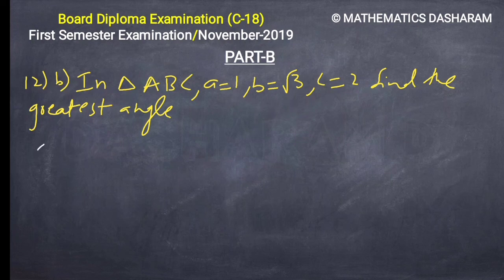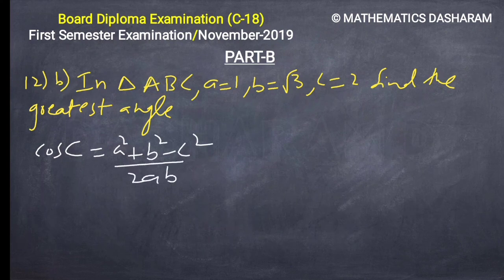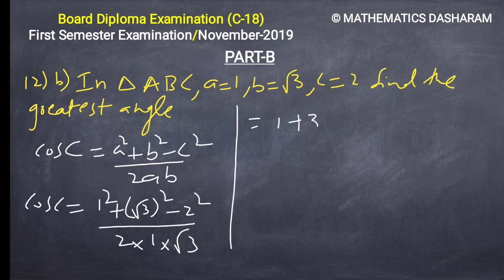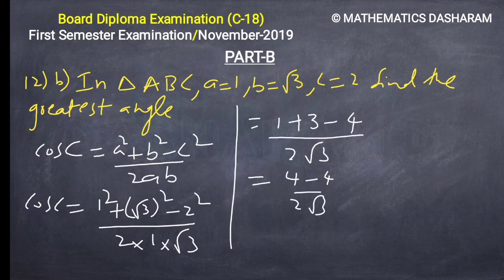So then we have to use the cos C formula, since angle C is going to be the greatest angle. The cos C formula is a square plus b square minus c square divided by 2ab. Cos C equals a square, that is 1 square, b square, root 3 square, c square, 2 square, divided by 2 into 1 into root 3. 1 square is 1, root 3 square is 3, 2 square is 4, by 2 into 1 into root 3 is 2 root 3. 3 plus 1 is 4, 4 minus 4 is 0, 0 by 2 root 3 is 0.